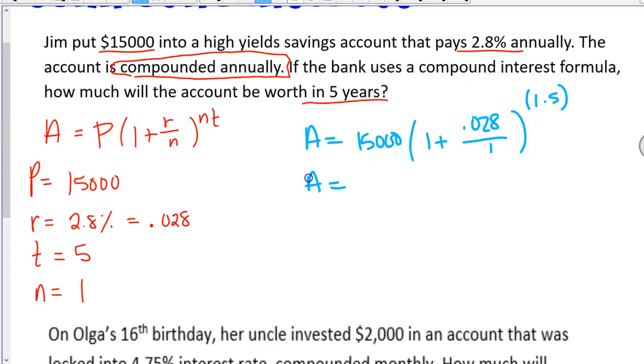So I'm just going to plug that in to the calculator. So 15,000 times 1 plus 0.028, and all of that is to the 5th power.